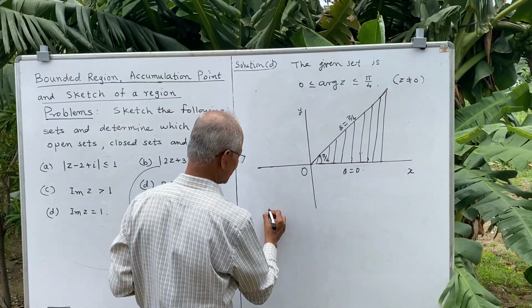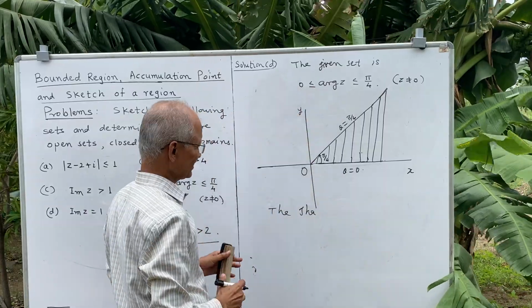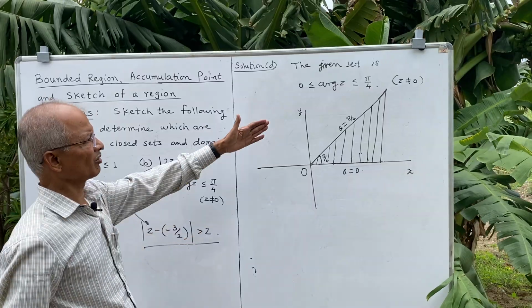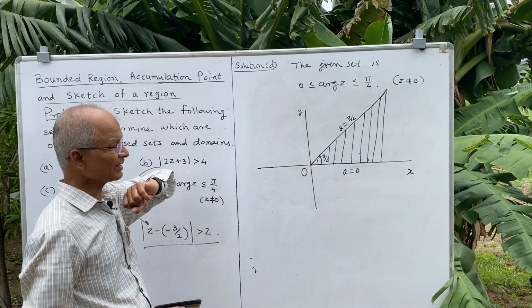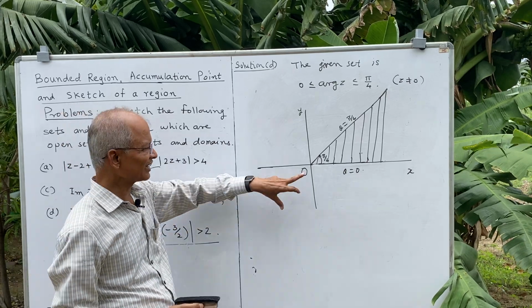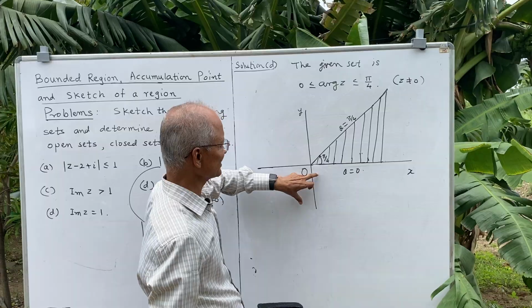So the shaded region represents the given set, and here you see, is this a closed set? It will not be a closed set, because the origin is not in this, and for that purpose it is not a closed set.